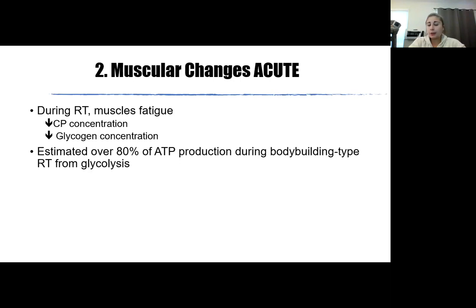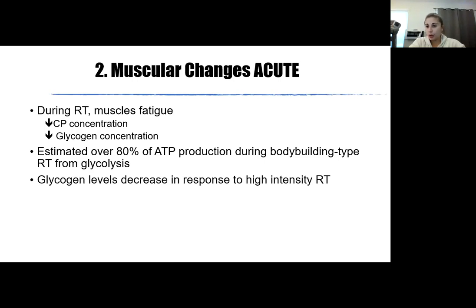a lot of it is from glycolysis. So we're actually using glycolysis for most of our hypertrophy training. And this is bodybuilding type training. If we're working at a high intensity with resistance training, we're going to see the glycogen levels decrease because we're using anaerobic glycolysis. This is where you might feel the burn at the end. If you're feeling that burn, that is your anaerobic glycolysis, right?